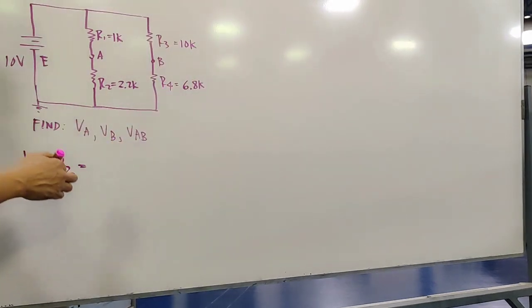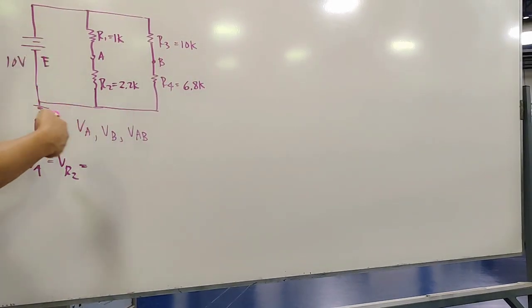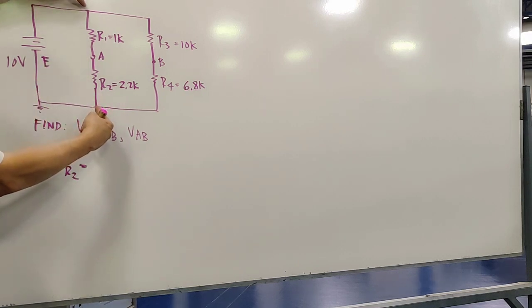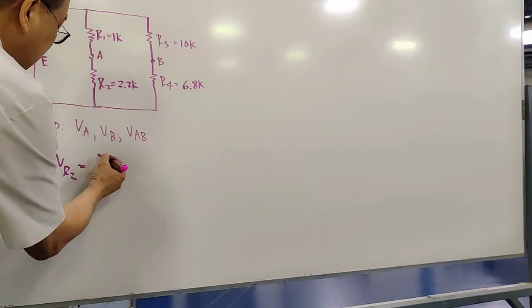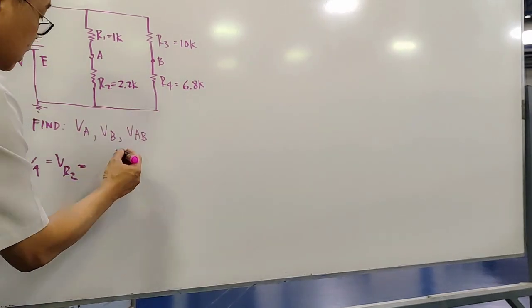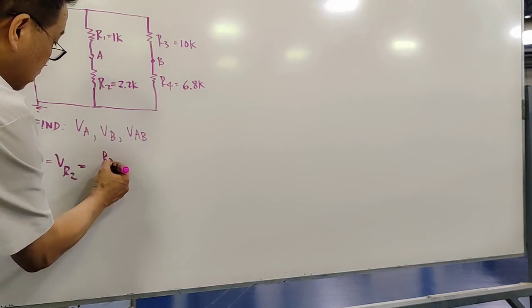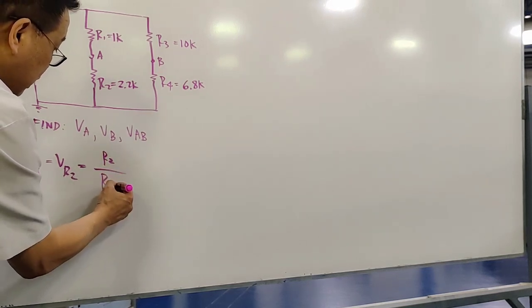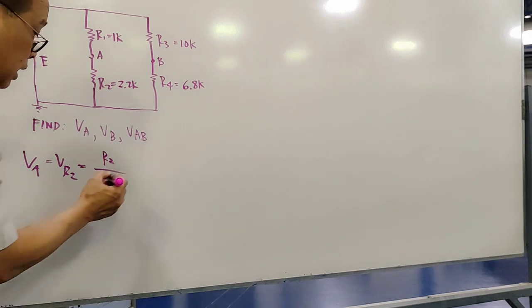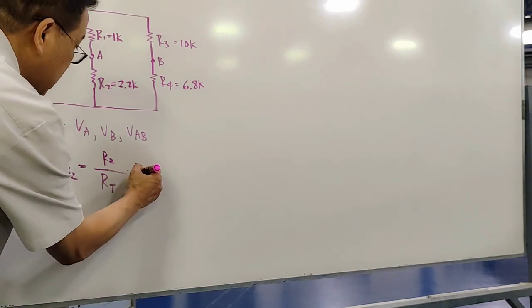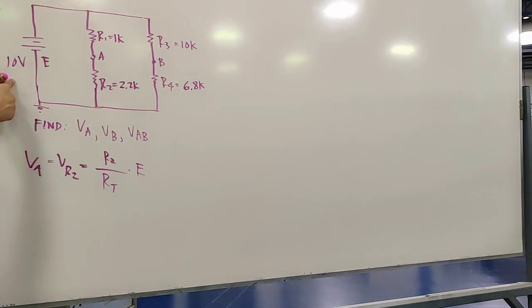So if you apply the voltage divider rule across this point, the formula would be VR2 equals R2 over R total, multiplied by the source, or E here in this case.